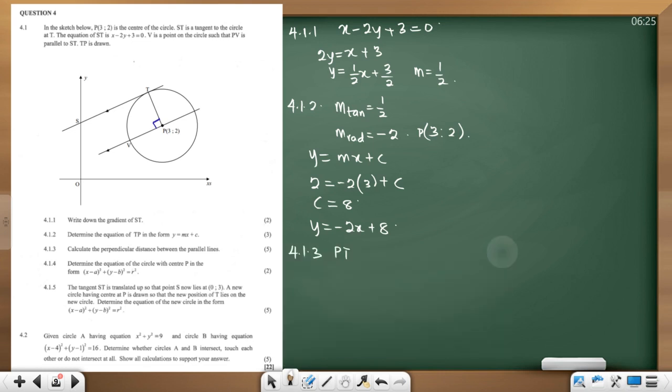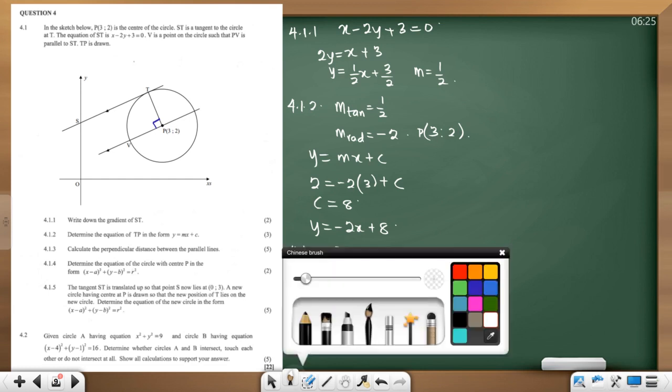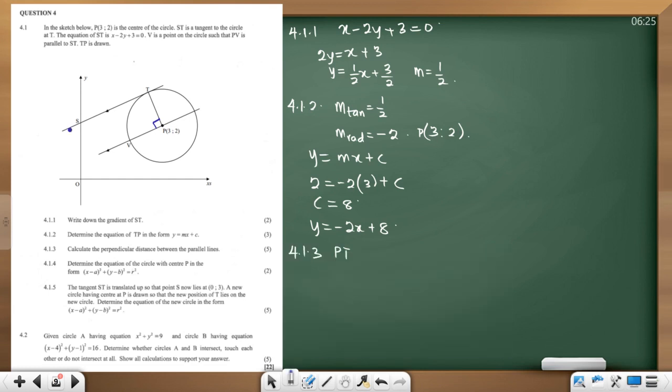T is a point of intersection. We don't even know the circle as well, but it is the point of intersection between the two lines. We know this equation and we know that equation. They gave us the first one.